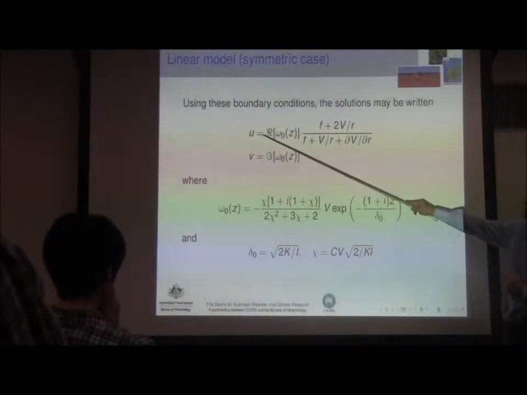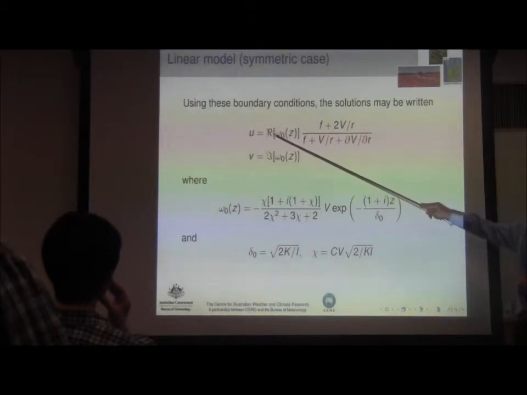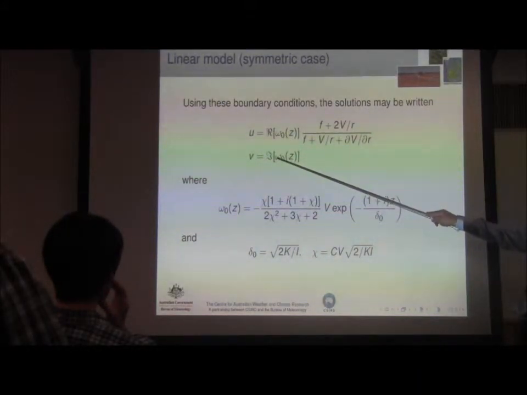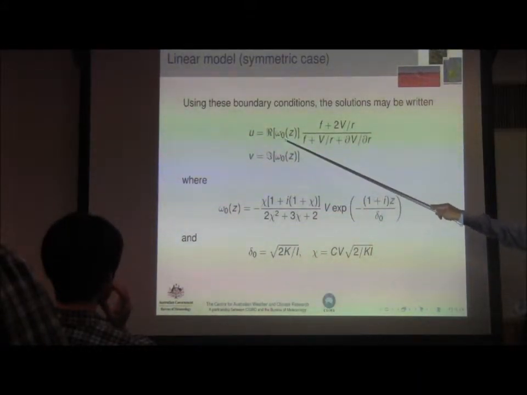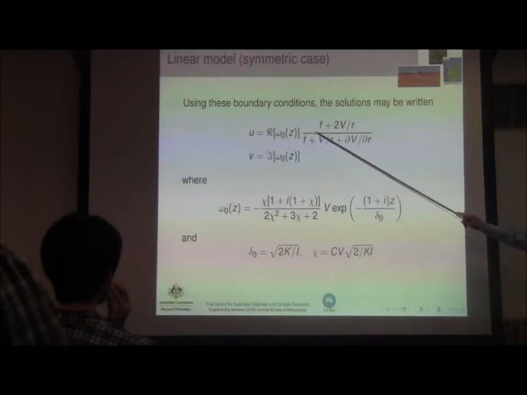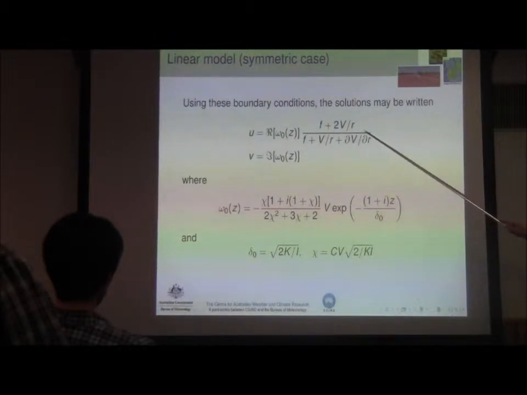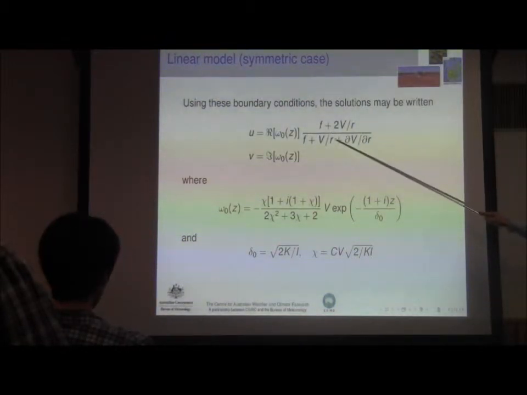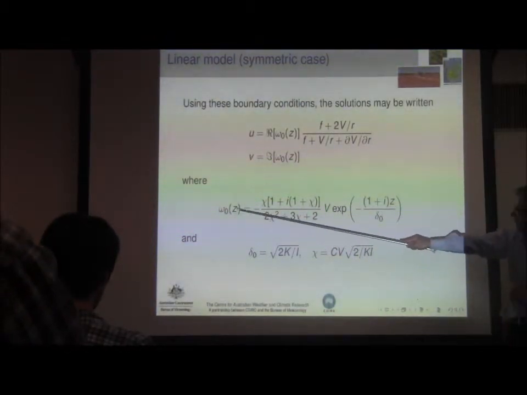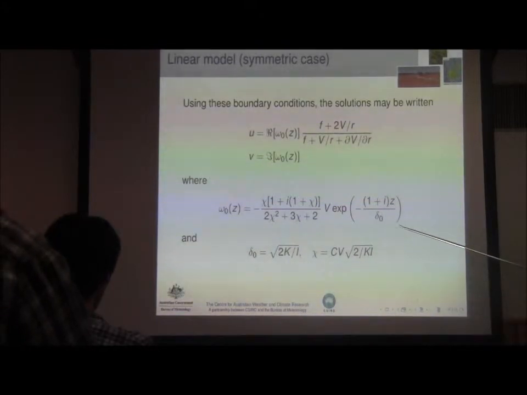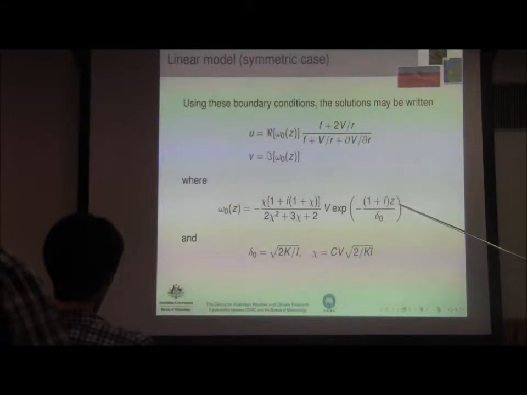At that point, we are almost done. We find our solutions for U and V: they are the real and imaginary parts respectively of this function omega. In the case of U, it's multiplied by this factor, the integrated wind. And omega is given by this formula. You can see we've got the e to the minus (1 plus i) z on delta naught.